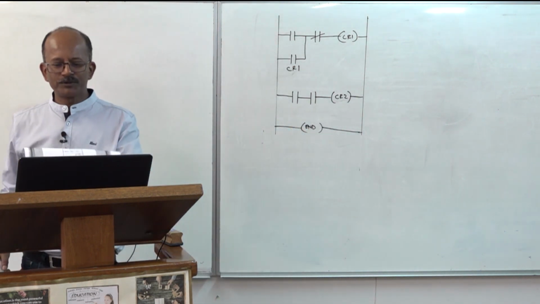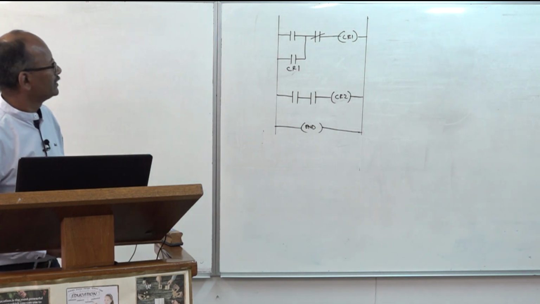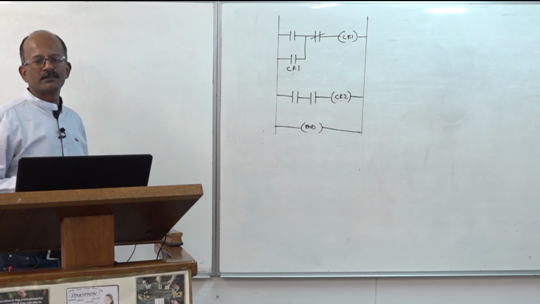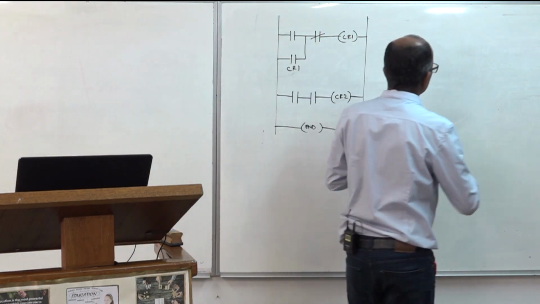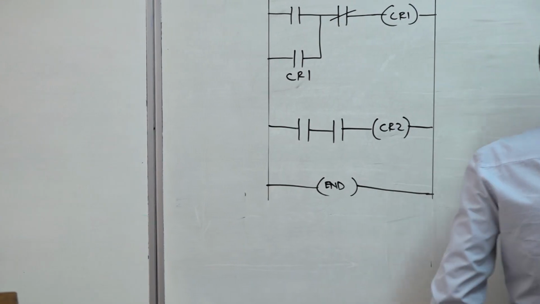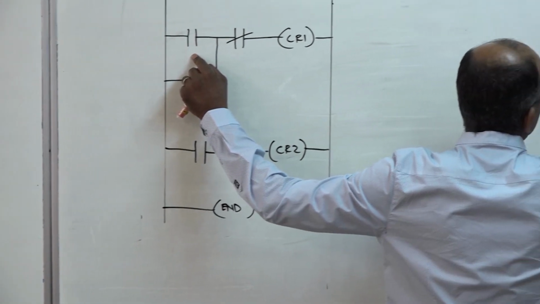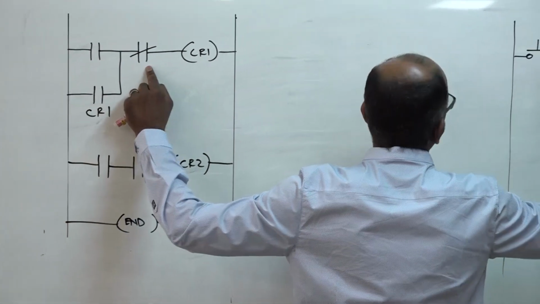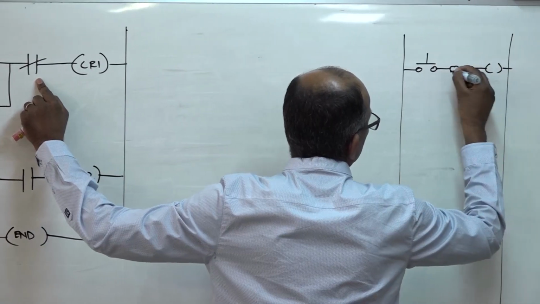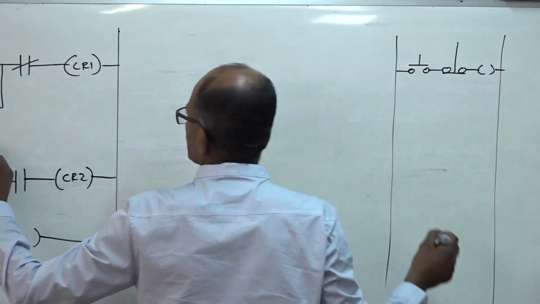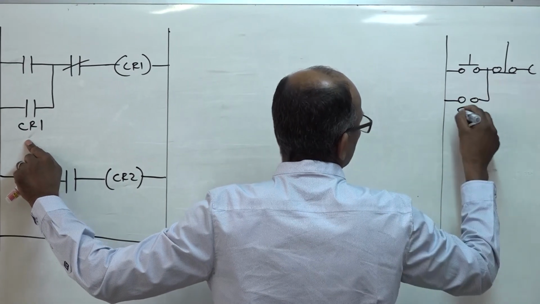Okay, and now let's go to the procedure that we mentioned earlier on. We said the first thing you do is, in pencil on the side, just draw the circuit using normal electrical symbols. So using normal electrical symbols on the side, I'm going to have a normally open switch, which is normally a start, a normally closed switch, and my contactor. I'm going to have a normally open, which is CR1.